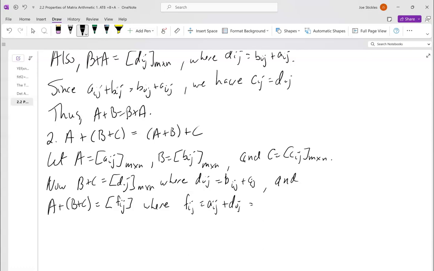Is there anything that we can substitute in now? What did we just say in the line above that D sub ij is equal to? Yeah, the B sub ij plus the C sub ij, right? And I would have parentheses around the B sub ij and the C sub ij part. So I'm plugging that in for the D.